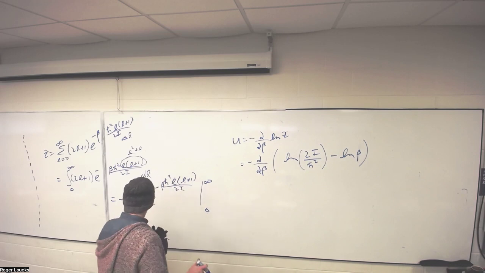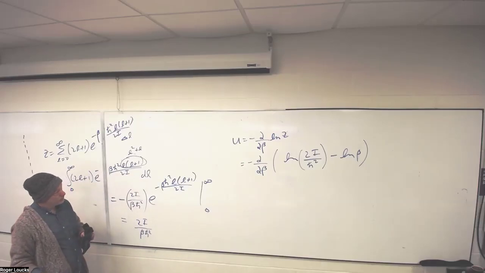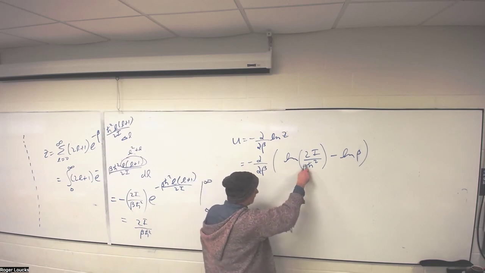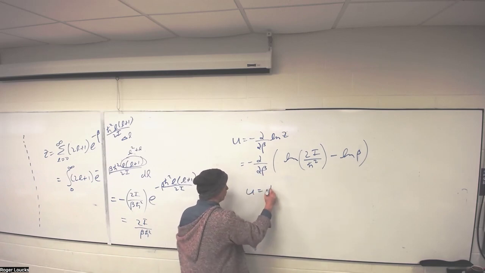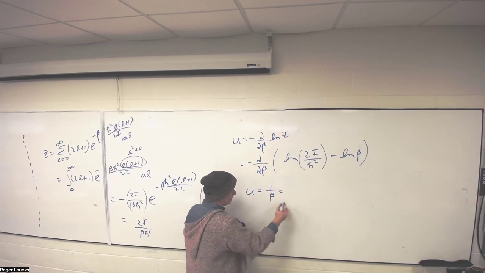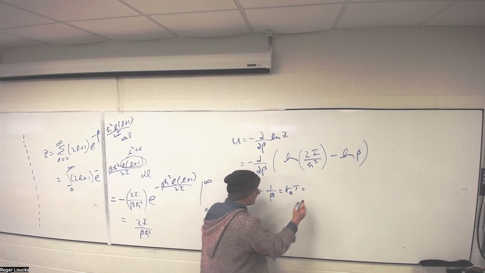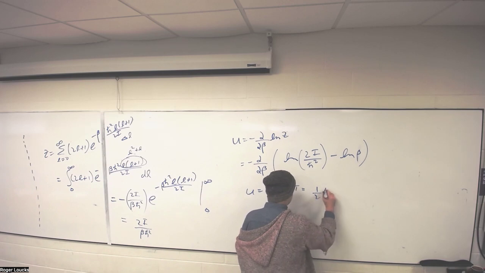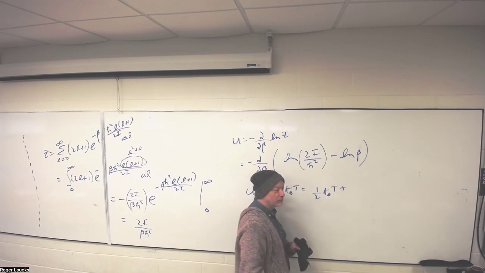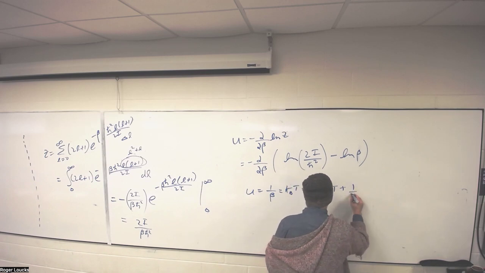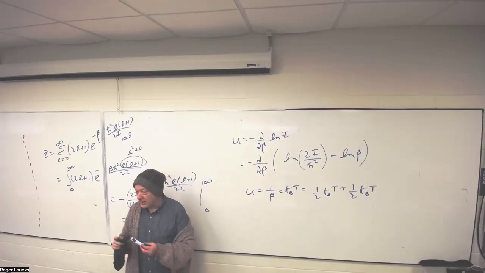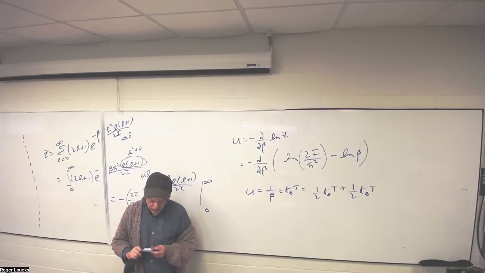This just gives me, right, this goes out, and I just get this one here, so u equals 1 over beta, which is kBT. We can write kBT as a half kBT plus a half kBT. We're doing sophisticated math here. We recovered the equipartition of energy theorem per rotation.